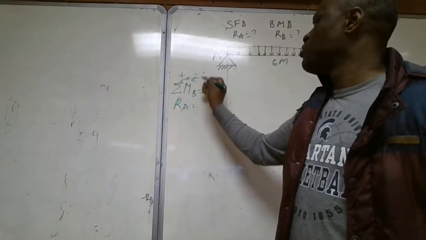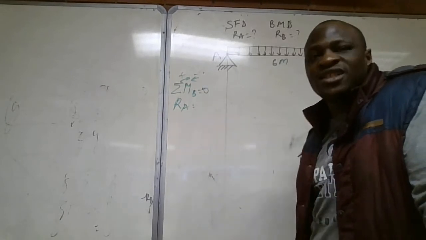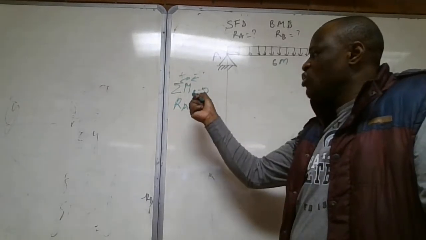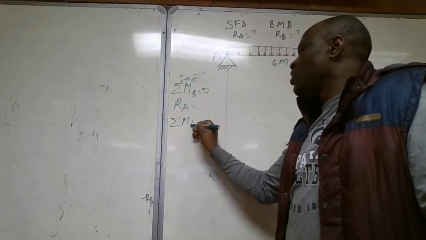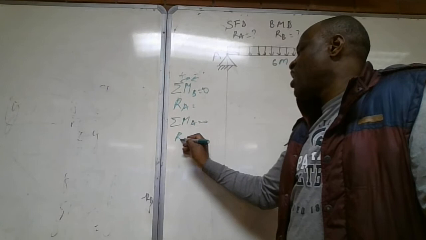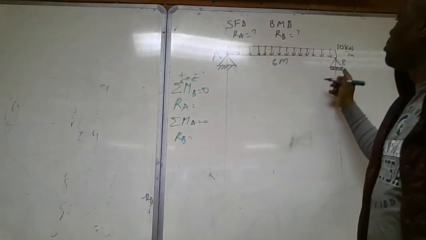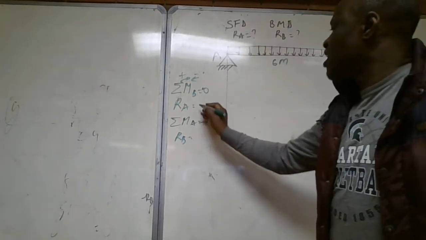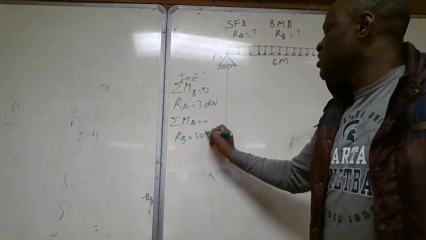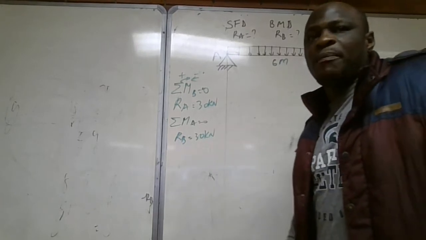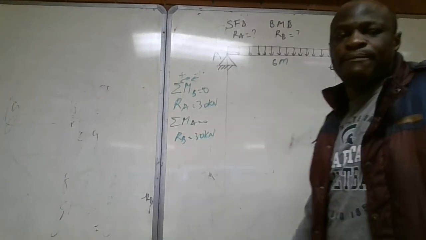The algebraic sum of clockwise moments and anti-clockwise moments should be equal to 0, either about the pivot B to get RA, or about the pivot A to get RB. Based on these two equations, it is possible to get RA, which is 30 kilonewtons, and RB should also be 30 kilonewtons. Apart from that, what we need to do is to get the resultant UDL.